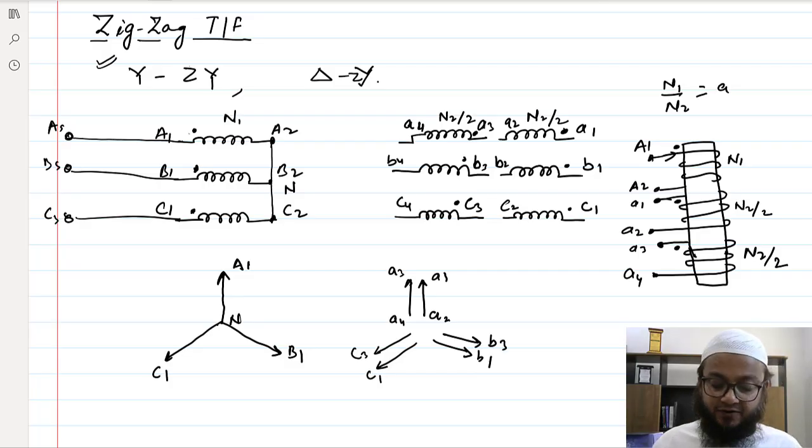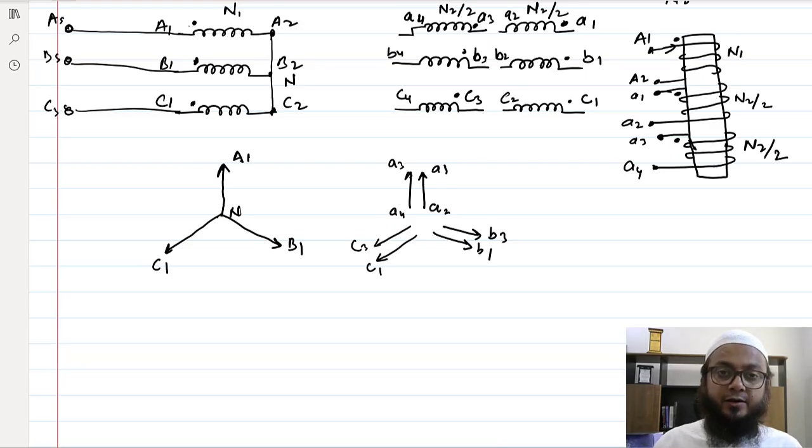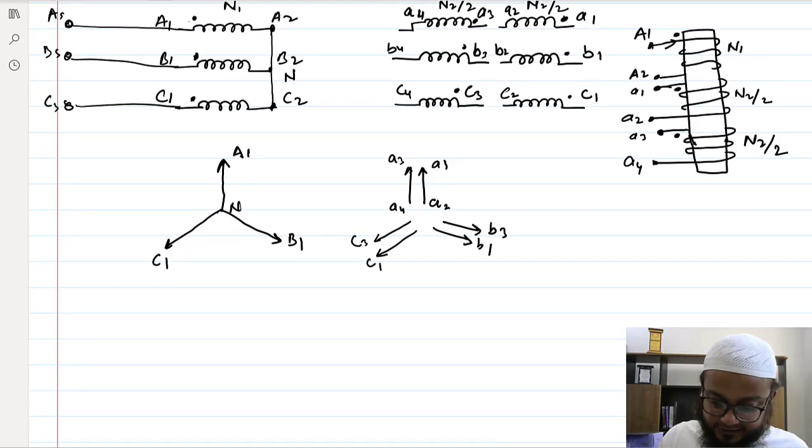So in a zigzag transformer, what we do is choose one winding of the same phase and another winding from the other two phases, and we will see the combinations which are possible there.